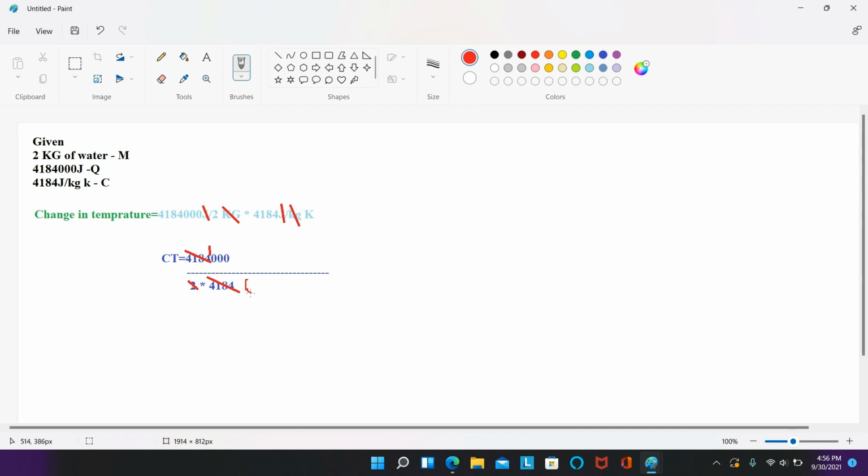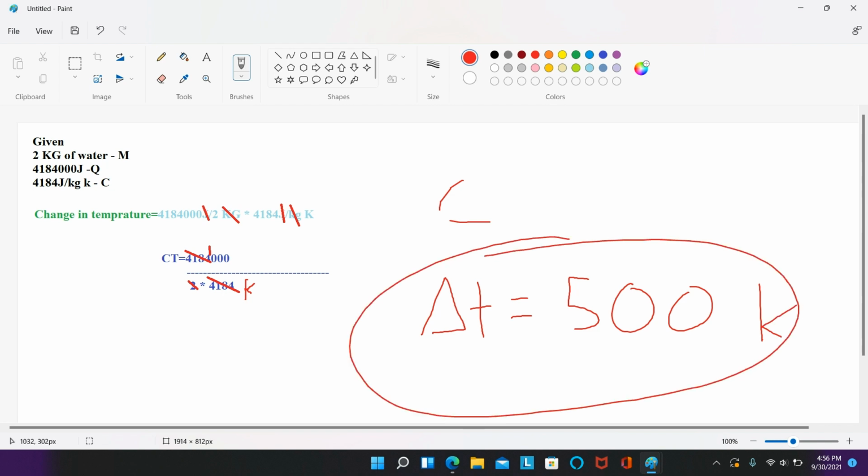Can't forget about our buddy K here. That's how we derive change in temperature. So delta T, which represents a change in temperature, is 500 Kelvin.